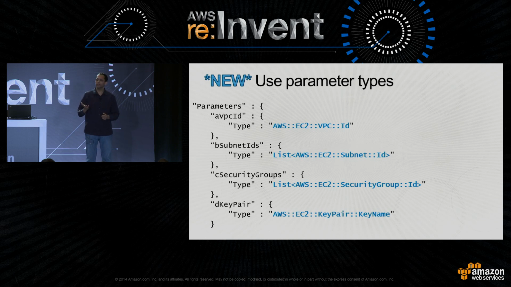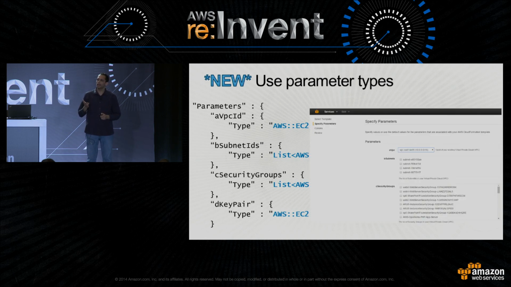Number one, having these parameter types allows the CloudFormation console to provide you a much better UI. So for example, if I'm hosting a web application inside a VPC, I am likely passing in the VPC ID or the subnet IDs into the stack as parameters.